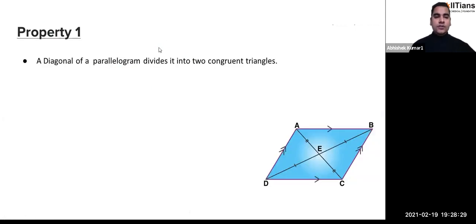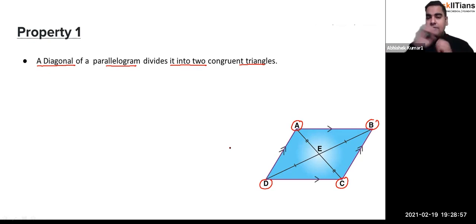All right. So this is your theorem number 1. What does theorem number 1 or property number 1 say? It says a diagonal of a parallelogram divides it into two congruent triangles. We are provided that this figure ABCD is a parallelogram. What we have to show is that, considering diagonal BD, triangle ABD is congruent to triangle CDB.